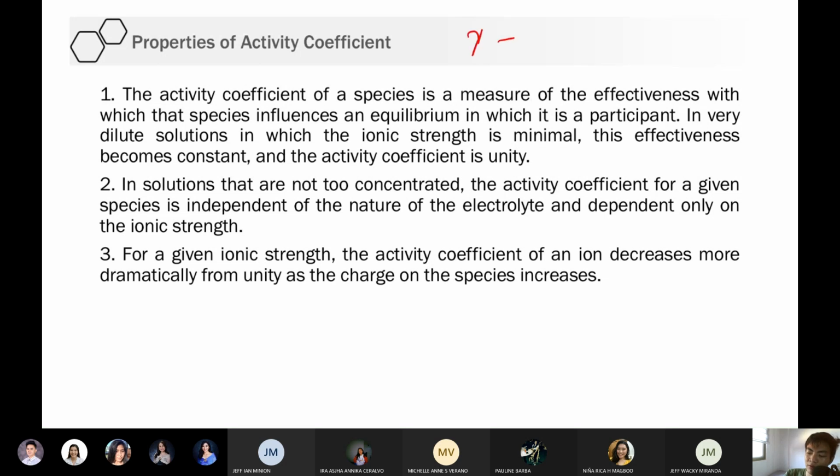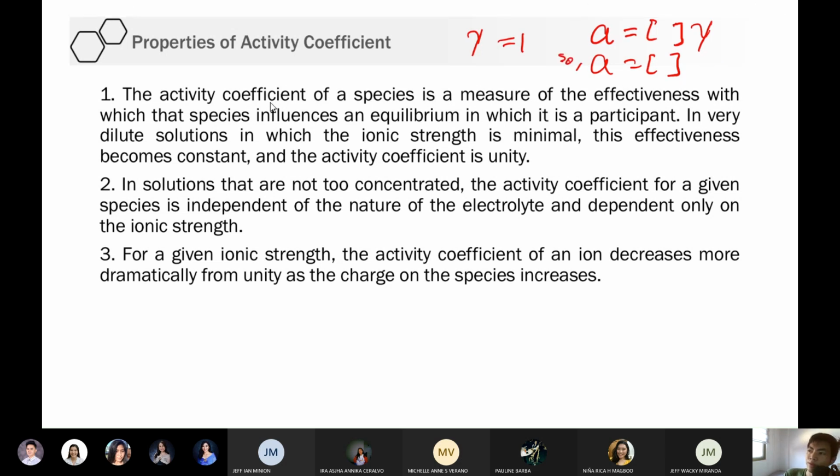So if gamma is equal to 1, then activity is equal to the concentration. Okay? That's why we write the equilibrium constant in terms of concentration, because we assumed before that gamma is equal to 1. However, in our case, gamma is equal to something else. So we have to include gamma now.